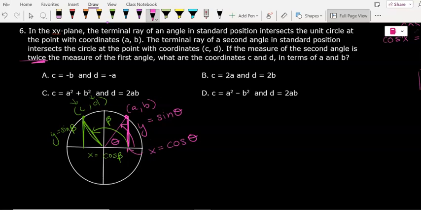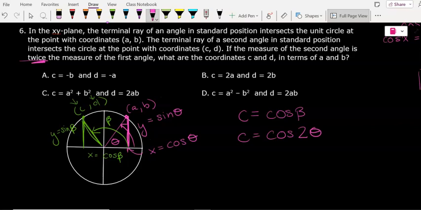Well, in order to figure out cosine beta in terms of theta, I have to use a double angle formula. So if I say that C is equal to the cosine of beta, which we can agree, it's also equal to the cosine of 2 times theta, okay?